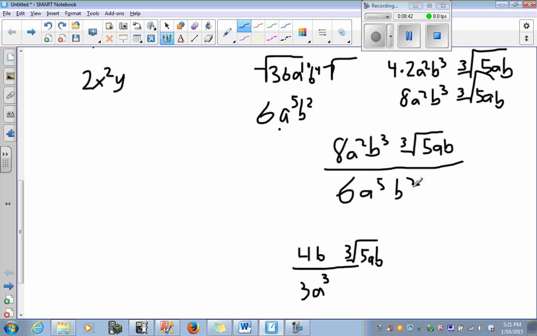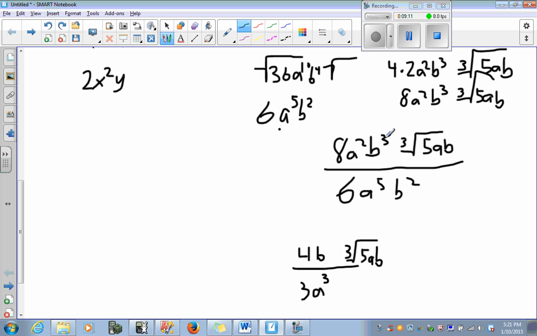We can simplify this. With the 8 and the 6, 2 goes into both of them, so they would simplify to be 4 and 3. A squared divided by a to the 5th is a to the 2 minus 5, which is a to the negative 3, and with negative exponents, we move them to the denominator or numerator, depending on the case, to make them positive, so our a cubed is positive in our denominator.